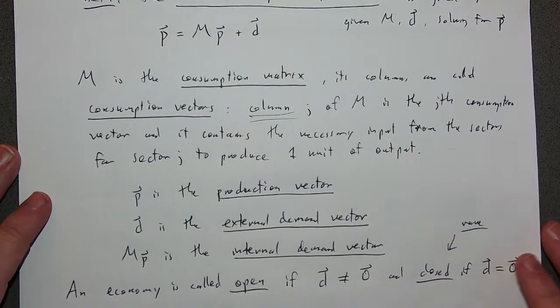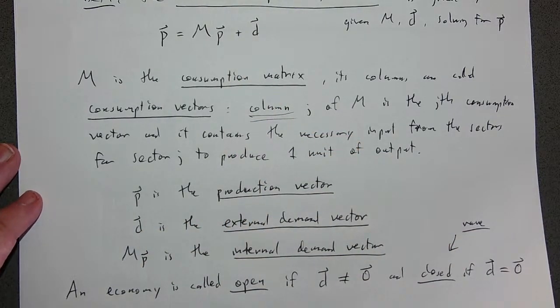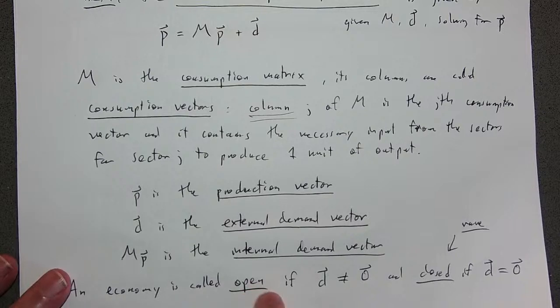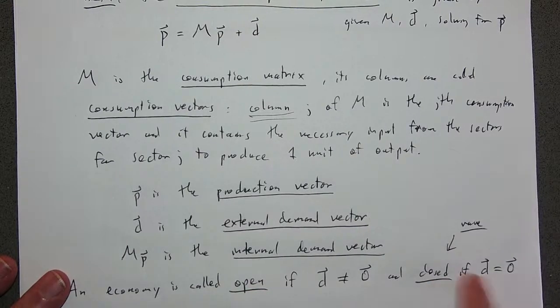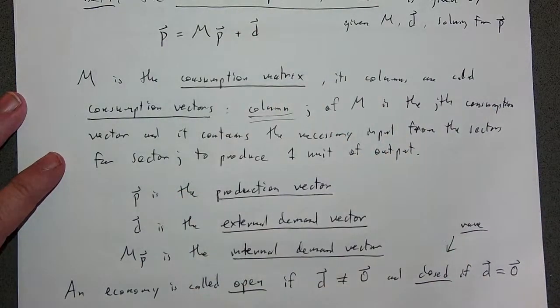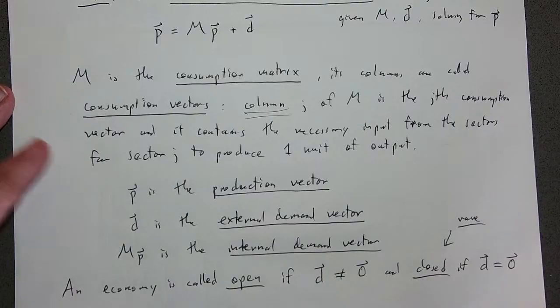We said that an economy was called open if the external demand was non-zero, meaning not the zero vector, and closed if it was in fact the zero vector. So typically we are going to be talking about open economies. Closed is a very special thing mathematically, so typically we're not going to be talking about that, although we will cover it when we talk about all of these cases.